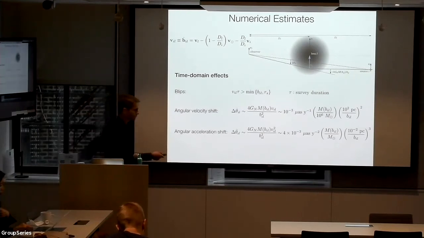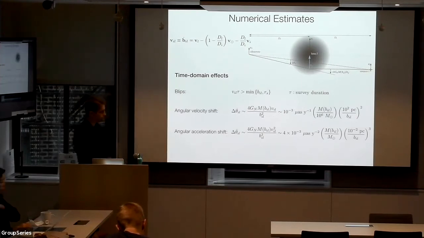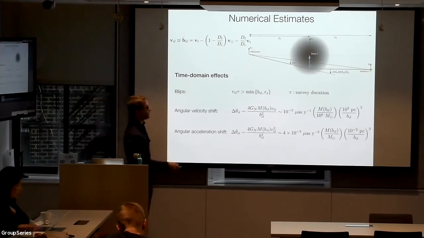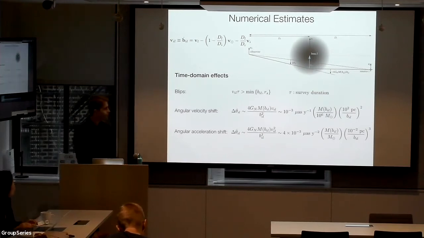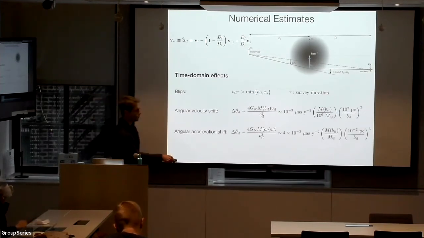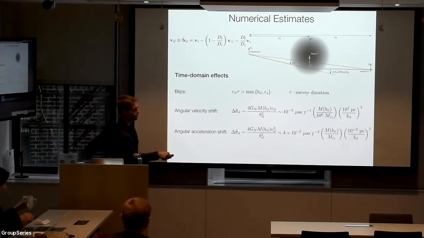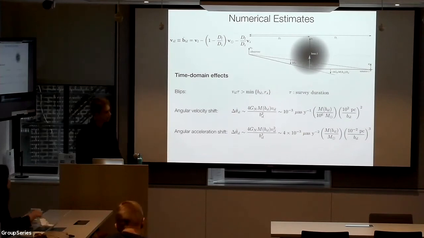So this is still much below the current sensitivity of astrometric surveys for a single star. But of course, if the substructure is enhanced, there could be smaller impact parameters and smaller halo sizes. And likewise for accelerations, there's another factor of V over B suppression from the extra time derivative. But this also means that very small masses and very compact objects are potentially probable using accelerations.